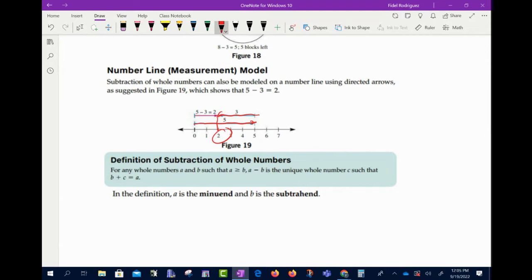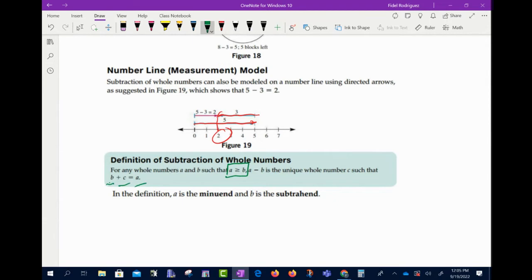So let's talk about subtraction of whole numbers. So it says for any whole numbers A and B, and the first thing it says here, you guys, is that A has to be bigger than or equal to B because we want it to be closed under the set of whole numbers, okay? Then A minus B is a unique whole number C such that B plus C is equal to A, okay?